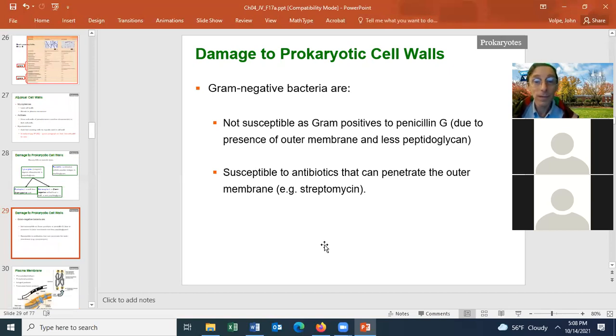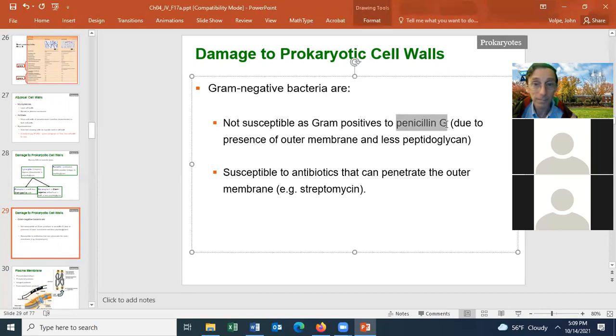For damaging the prokaryotic cell wall, and I guess we're really only talking about bacteria, the gram-negative bacteria are not as susceptible as gram-positive bacteria to most agents that would damage the cell wall, such as penicillin G. Penicillin G cannot get through the outer membrane of the cell wall.